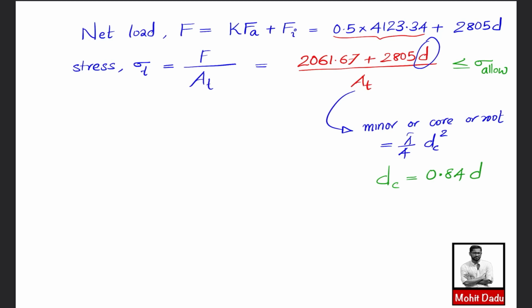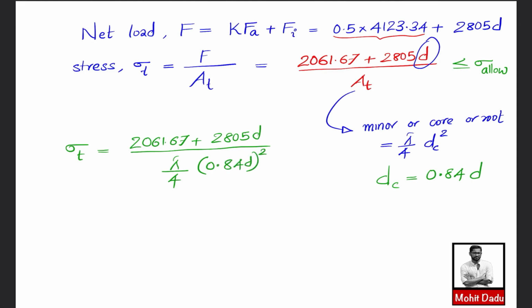So here I am taking dc equal to 0.84d, then I will be getting the stress induced sigma t equal to 2061.67 plus 2805d divided by, now I will have a variable in terms of dc, which will be coming in terms of d. So this will be pi by 4 into 0.84 times d the whole square, and this should be lesser than or equal to the 100 megapascal.